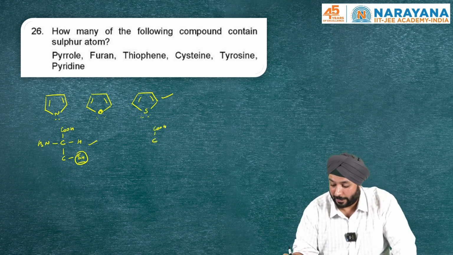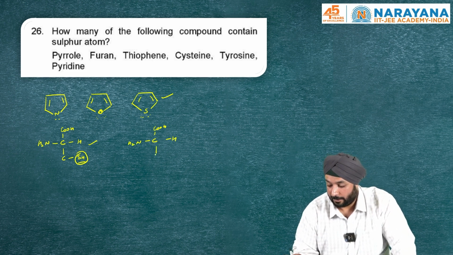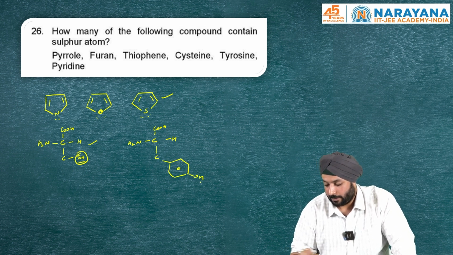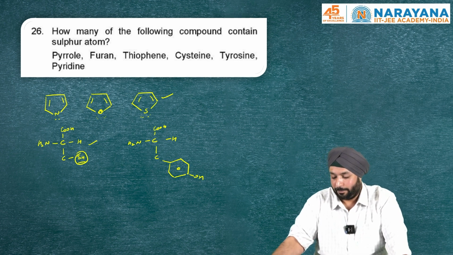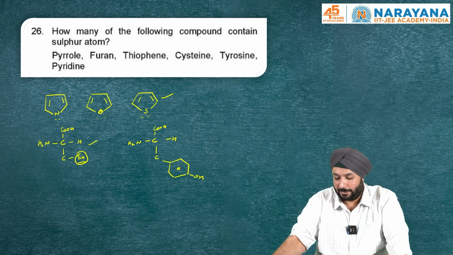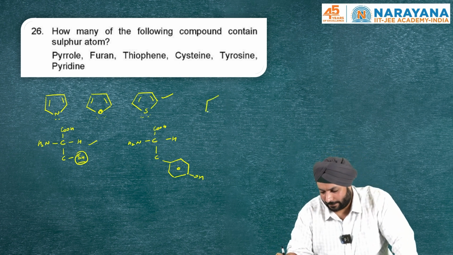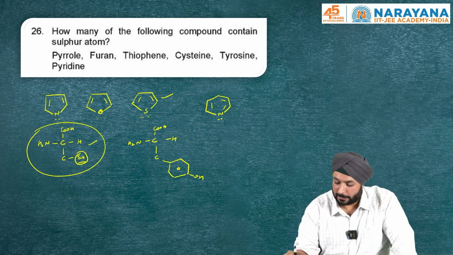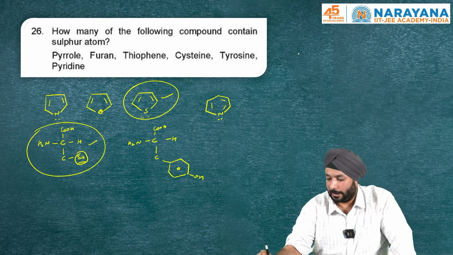Tyrosine again an amino acid which contains a phenol molecule, right? Aromatic moiety inside an amino acid, and pyridine every one of us knows, right? So yeah, you'll have two molecules which will have sulfur inside them. The answer should be two.